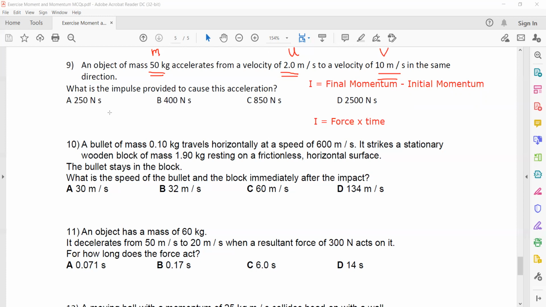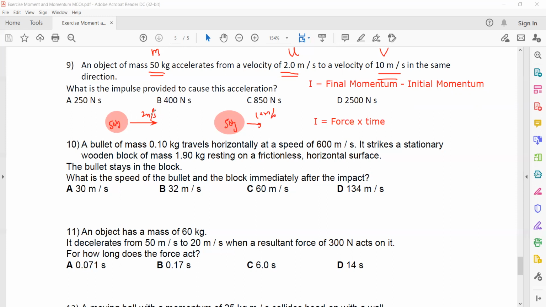So an object of 50 kilogram, initially it is moving with 2 meter per second. And then its speed changes to 10 meter per second. The same 50 kg, but speed changes to 10 meter per second. So what is the starting momentum? Initial momentum.